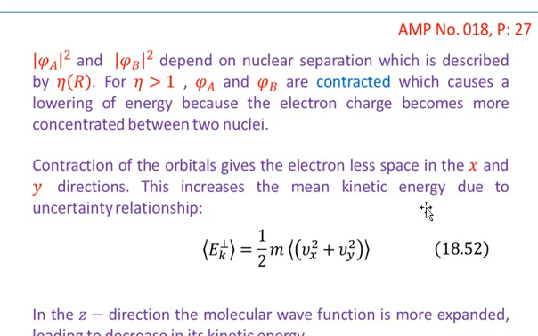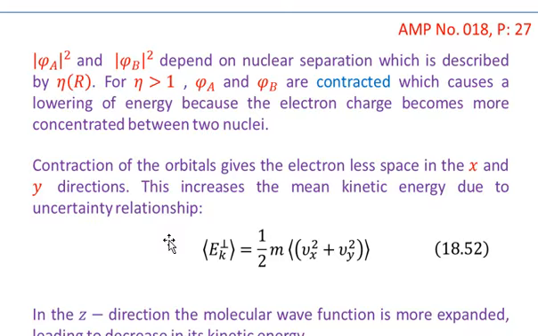This increases the mean kinetic energy due to the uncertainty principle. And you know that since delta x is reduced along the x direction, delta y is also reduced along the y direction. And you know that the uncertainty principle says that delta p times delta x is of the order of h bar.